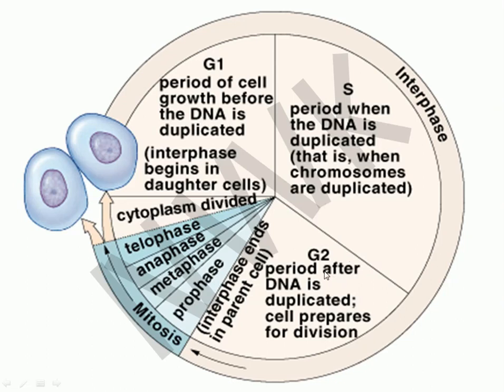After completing G2, the cell goes into the division phase, which is mitosis, which has 4 phases: prophase, metaphase, anaphase, and telophase. This is in fact the division of the nucleus, or we call it karyokinesis. When the chromosomes are completely divided, the cell will divide the cytoplasm, which is cytokinesis.